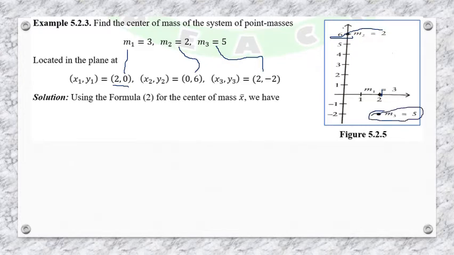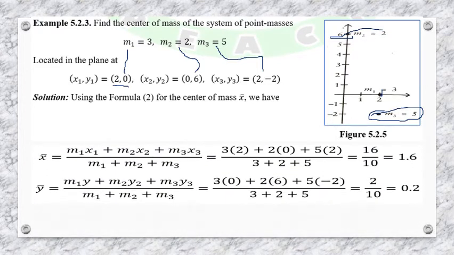Okay. So using the formula for the center of mass x bar, ito pa rin yung formula na gagamitin ha. Tatlo lang yung masses dito, tsaka tatlo lang yung location because tatlo lang din yung given. Kung apat, apat din. Kung lima, lima din yung i-add nyo. So m sub 1 is 3 times 2, yan yung x sub 1 natin.